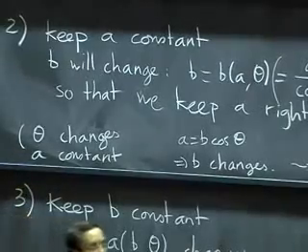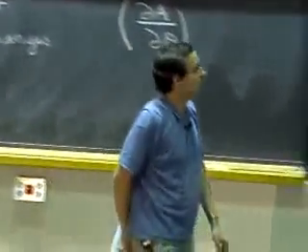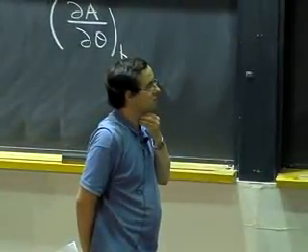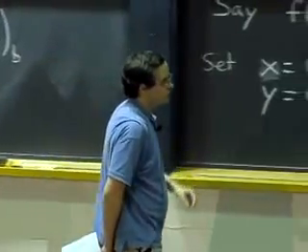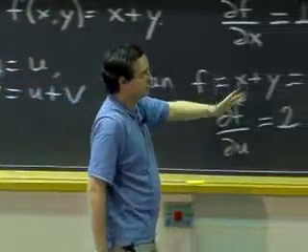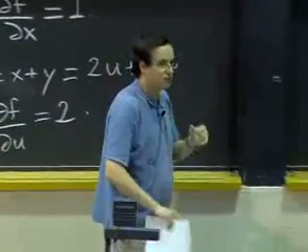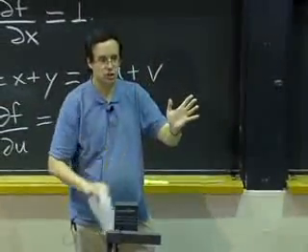Yes? Why isn't there a fourth situation where theta increases, B and A are not constant, but the triangle is still... That's a very good question. So what about I don't keep A and B constant? Well, then there's too many choices. So I have to decide actually how I'm going to change things.